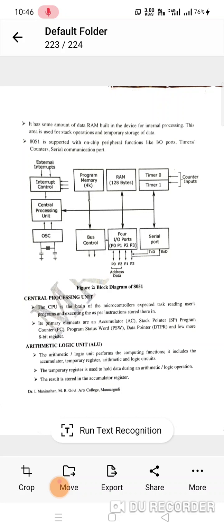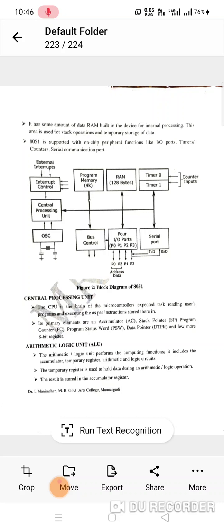We will see the internal RAM structure in detail later on. Next, the 8051 supports on-chip peripheral functions like IO port, timer, counter, serial communication, etc.